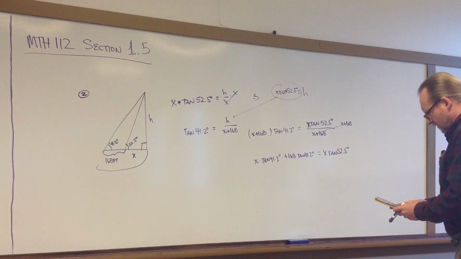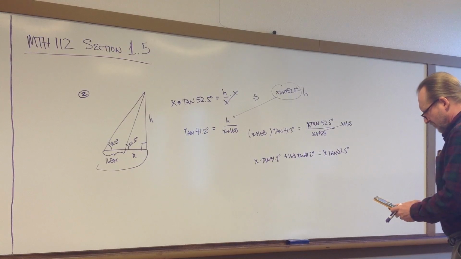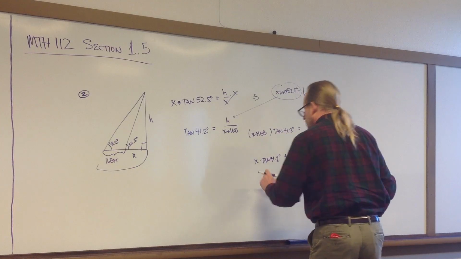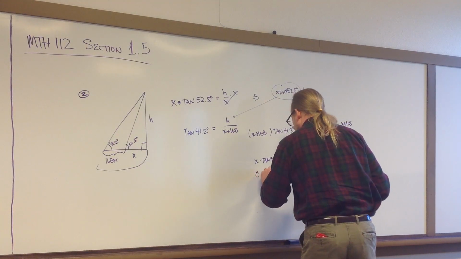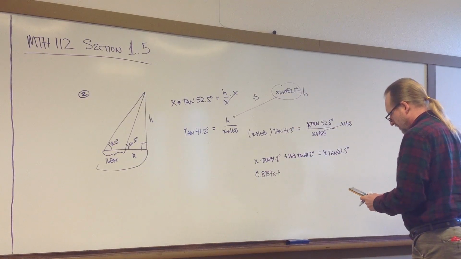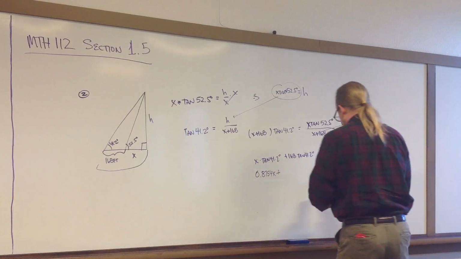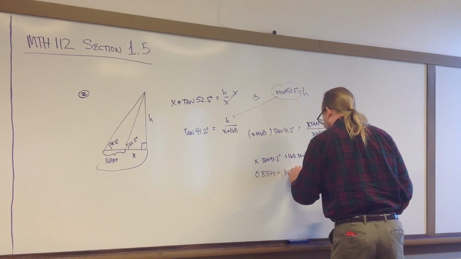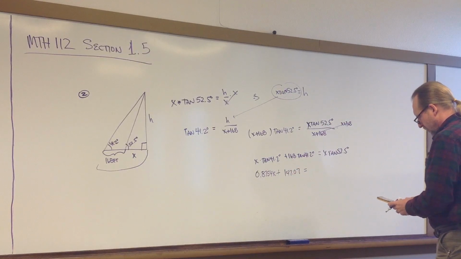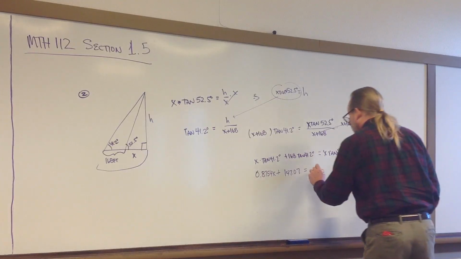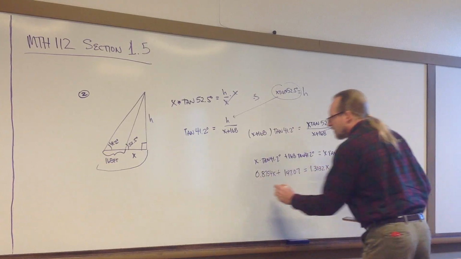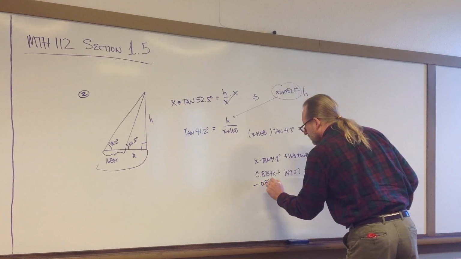So the tangent of 41.2 is going to be 0.8754, we'll call it, so 0.8754x, and then 168 times the tangent of 41.2 is going to be 147.07. And over here, the tangent of 52.5 degrees is 1.3032x.